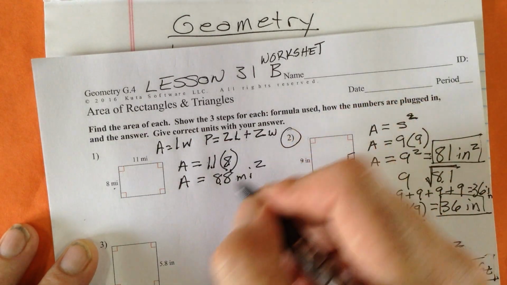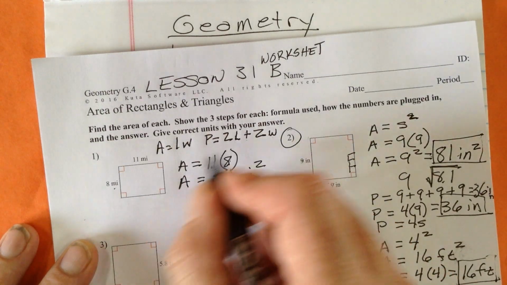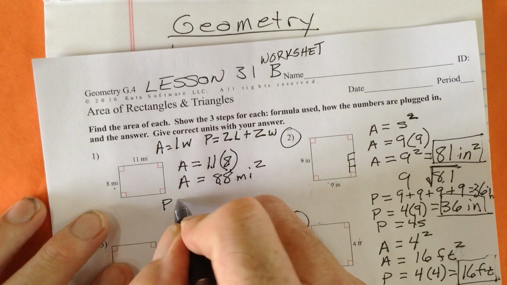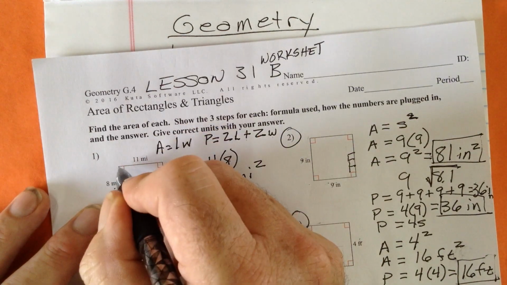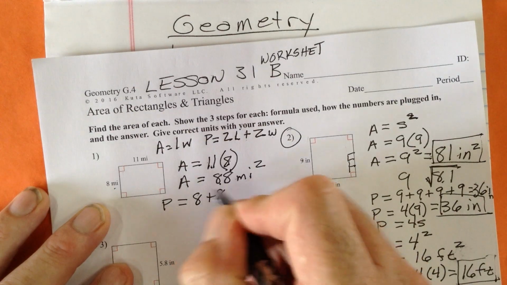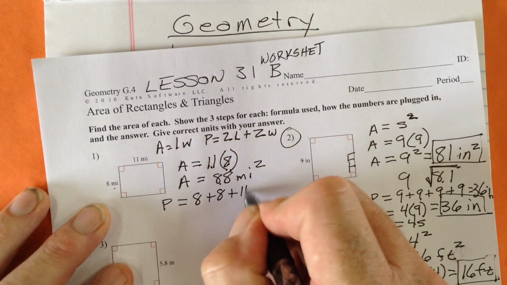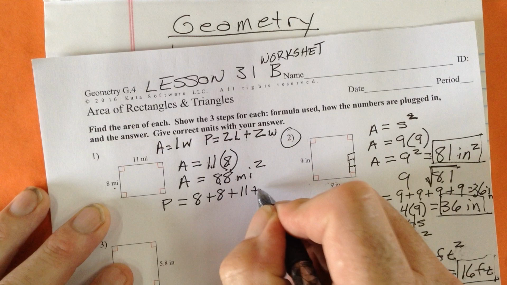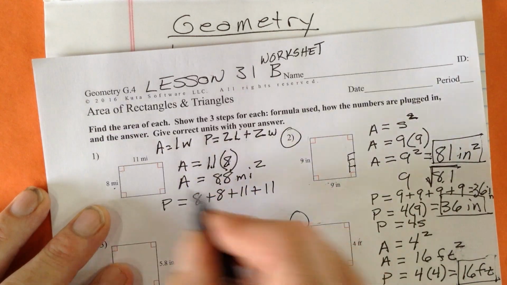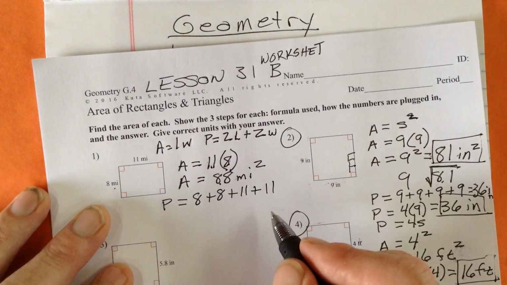Okay. So another one, the perimeter, is the distance around the outside. So here you're going to add them all up. 8 plus 8 plus 11 plus 11. That will give me the perimeter around the outside.